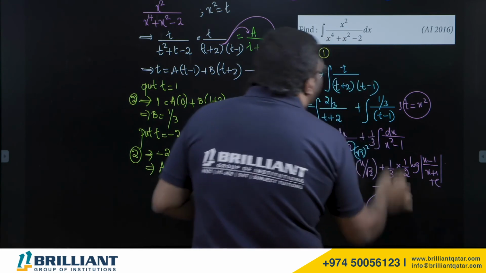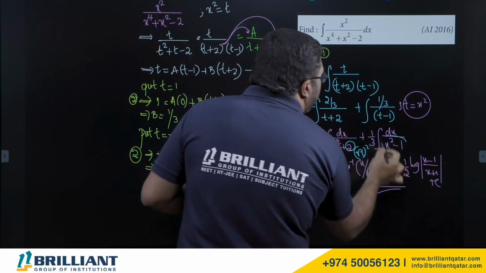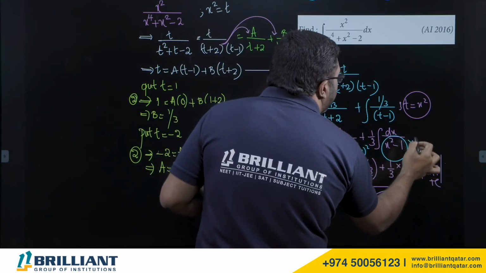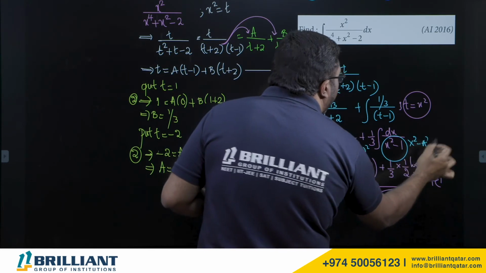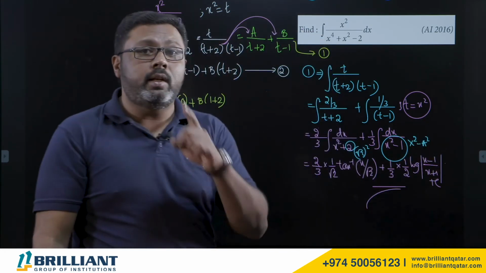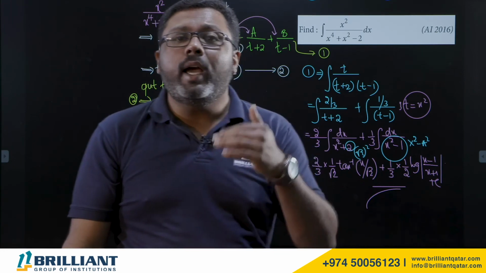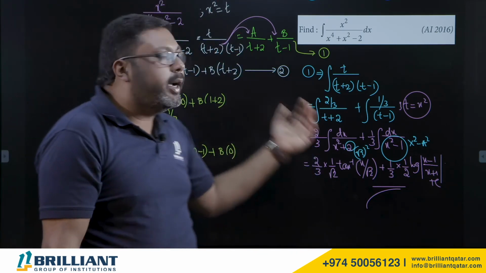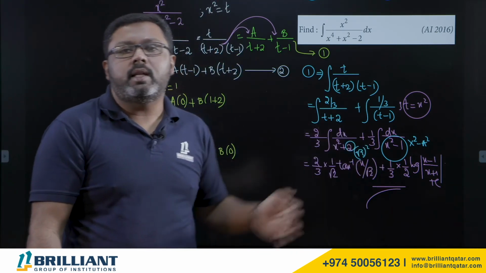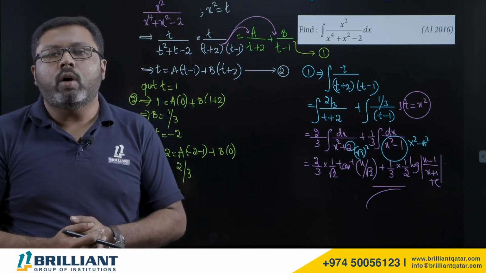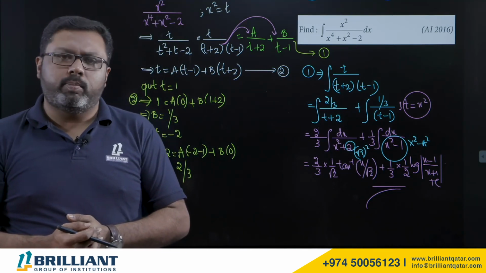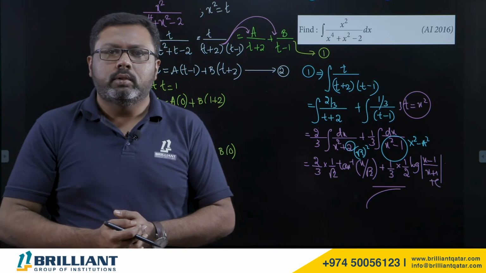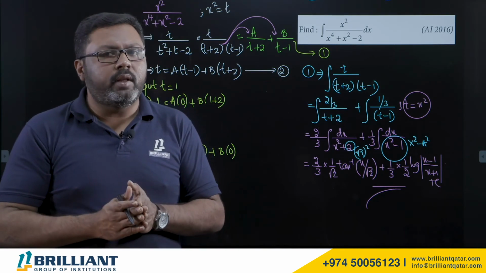This last integration is a very rare occurrence. It's the 1 by x squared minus a squared form in particular functions: 1 by 2a log mod x minus a by x plus a. So, I believe everybody is clear with this question.